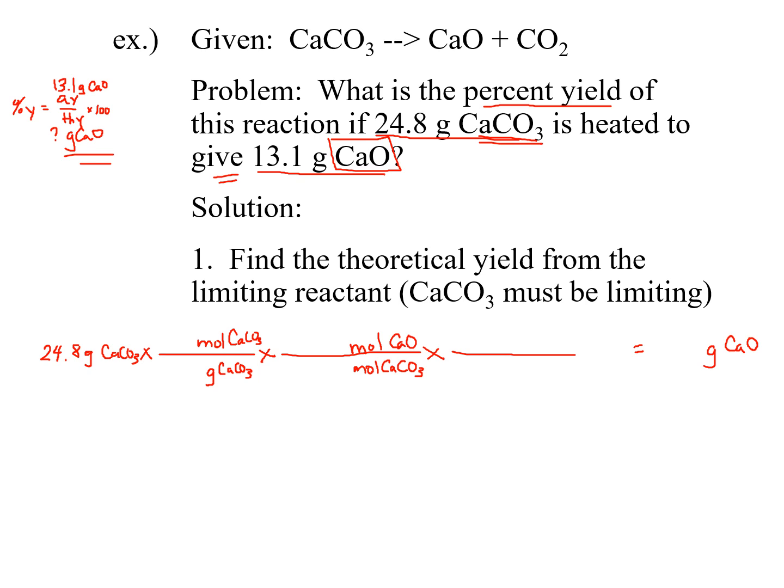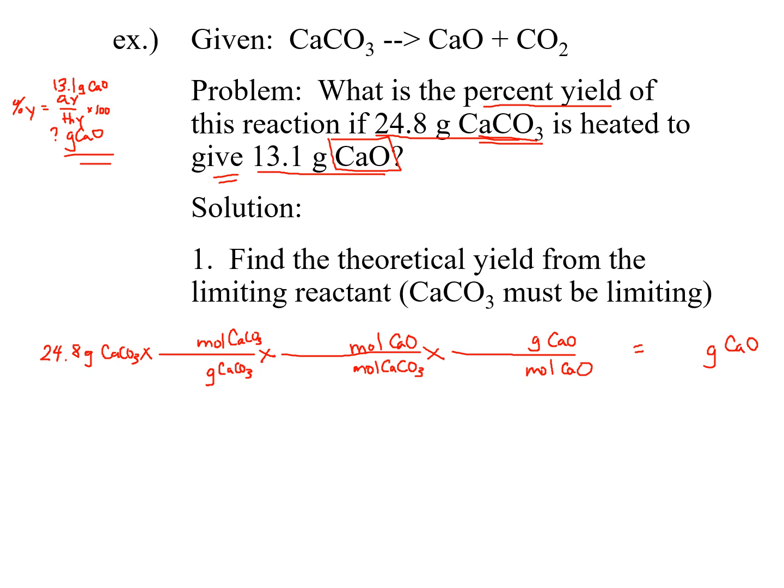And finally, if I know moles of CaO is on the top of this conversion factor, it better match what's on the bottom of the next one. Remember, these always have to match up. And then I can finally get to what I'm looking for, which is grams of CaO. So before we fill in any other numbers here, let's just make sure this works.